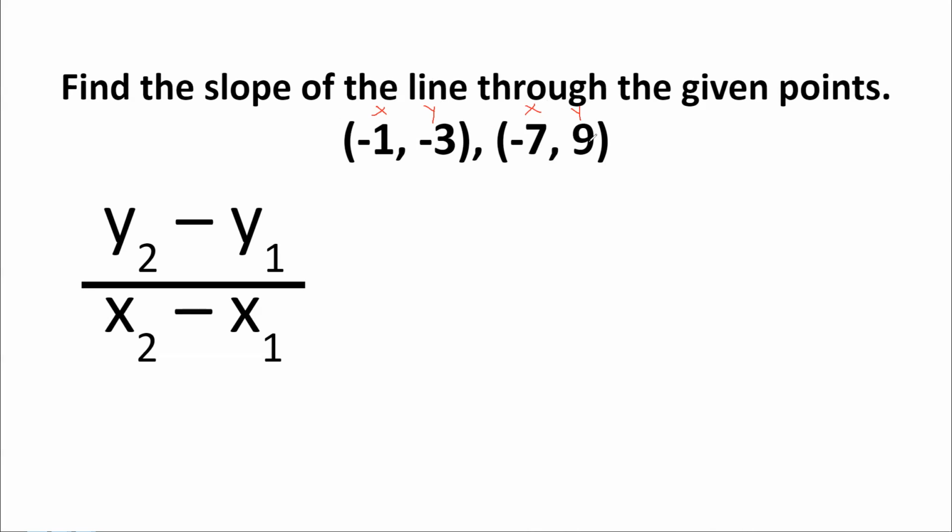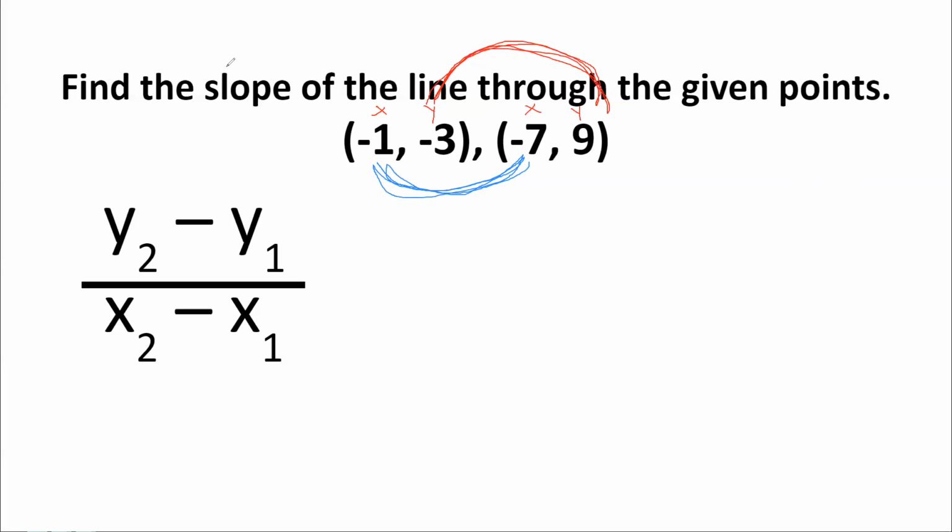So these second numbers are our y's. So I'm going to connect them with a big rainbow line up top. And then we have to subtract our x's as well. So I'm going to do a big upside down rainbow connecting those two x numbers. And I'm going to subtract them.